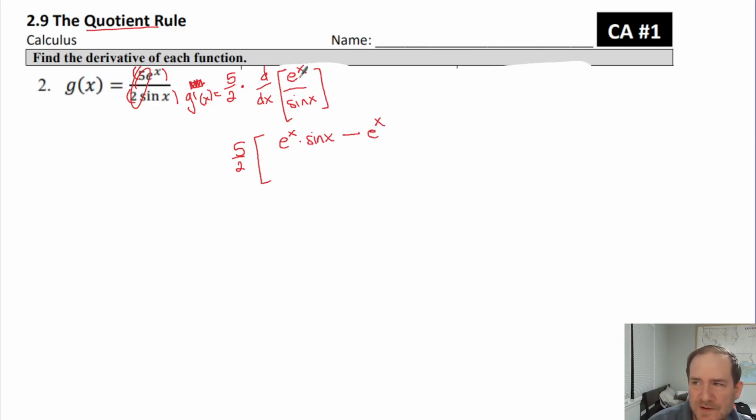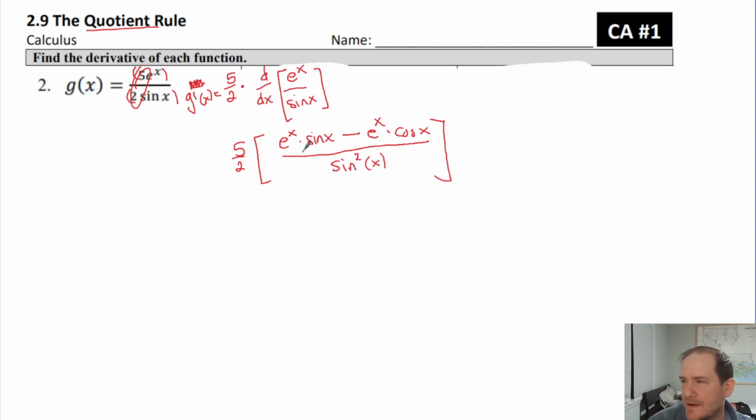I differentiate the numerator the first time, leave the denominator alone. Then the second time through, we do not differentiate the numerator, but we do differentiate the denominator. So derivative of sine gives us a cosine, so e to the x cosine x. And then, of course, remember, you now get the denominator squared, so sine squared.